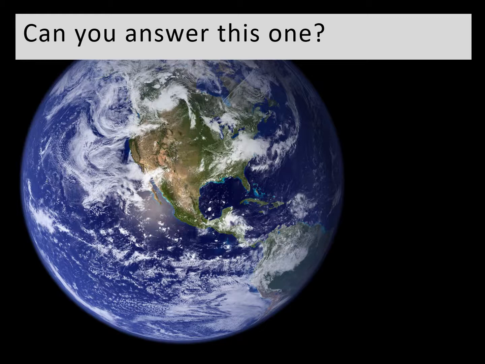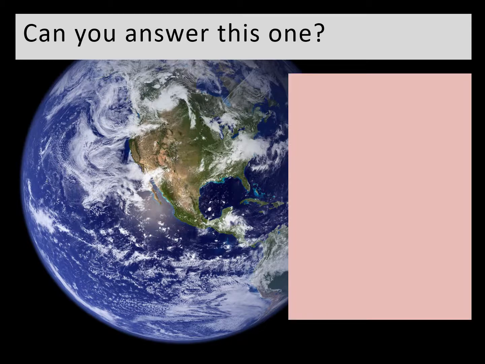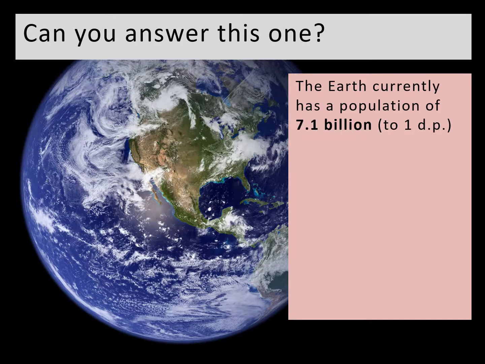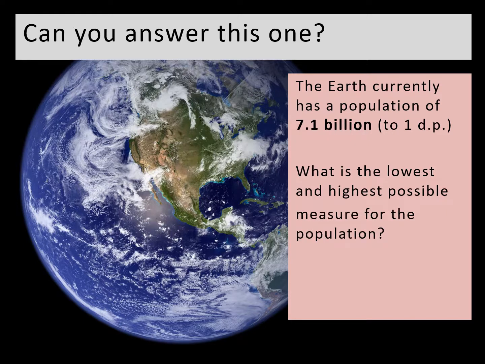Let's see if you can answer this one where the numbers are a bit bigger. The Earth currently has a population of 7.1 billion to 1 decimal place. What's the highest possible measure for the population? And you can start to ask yourself already, is this a problem? Is it significant?